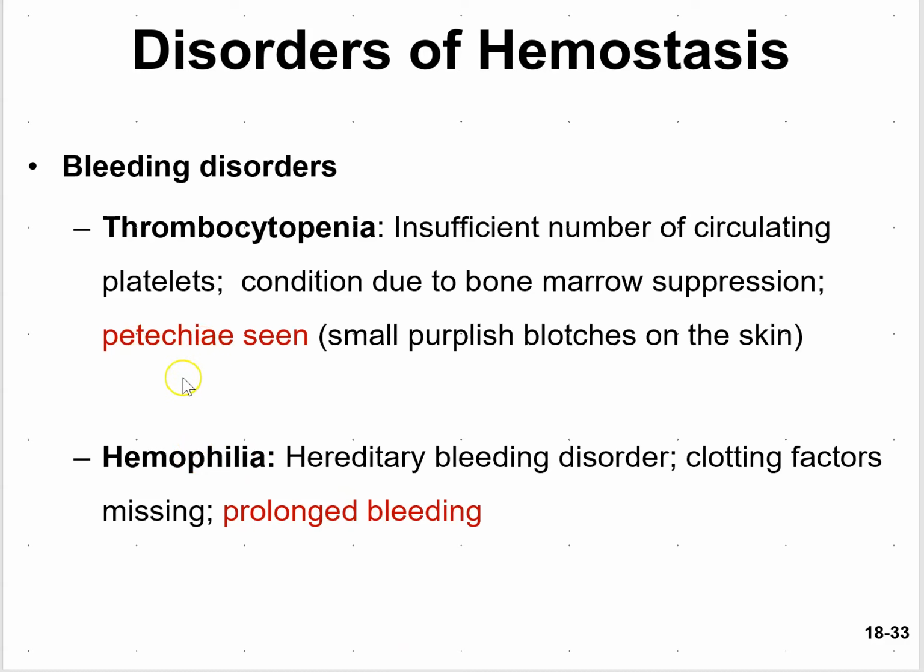Petechiae are small purple spots on the skin, and that usually is accompanied by mucosal bleeding. They usually perform a complete blood count with platelets, and they look at coagulation factors and a peripheral blood smear for testing for the presence of thrombocytopenia.